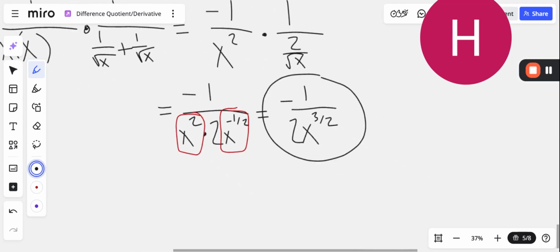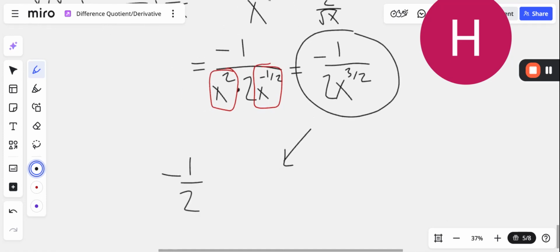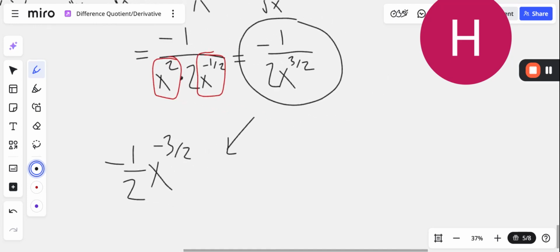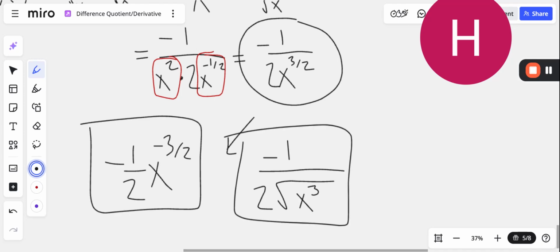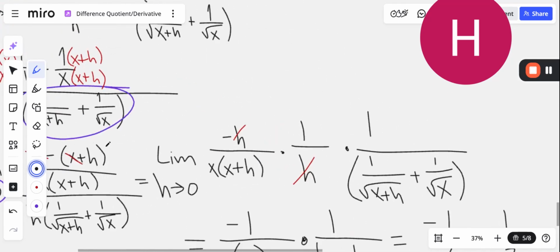So that's kind of a weird derivative. You could also write it as negative 1/2 x to the negative 3/2 if you like. You could also write it as negative 1 over 2 square root of x cubed. These are all acceptable forms, but really the tricky part is getting there with the limit process and algebraic manipulation.